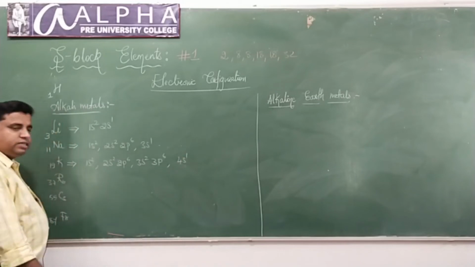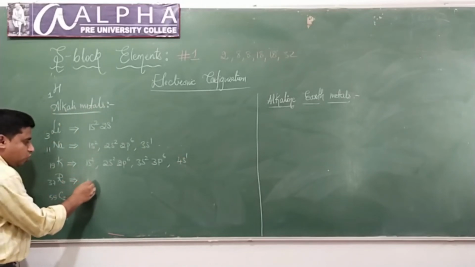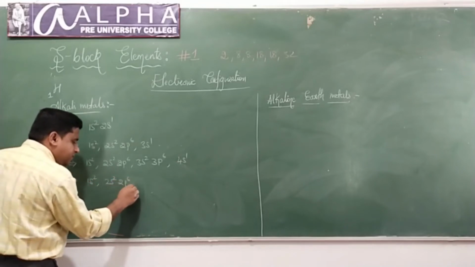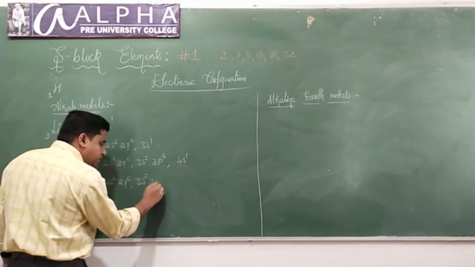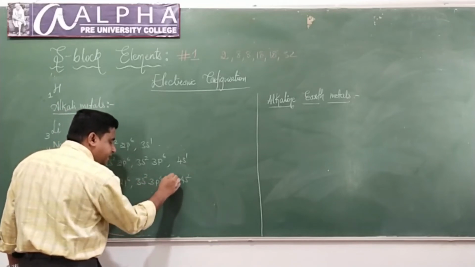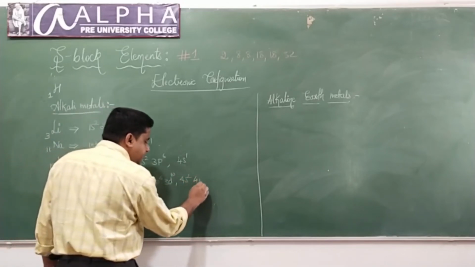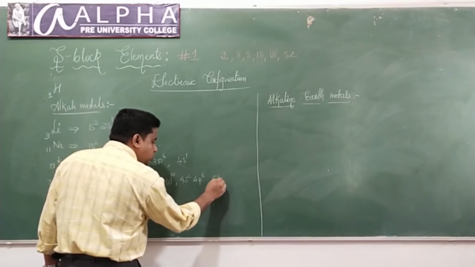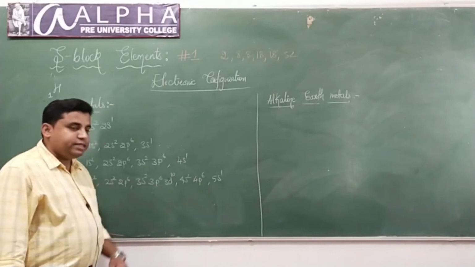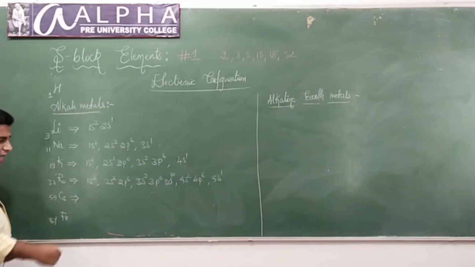Next rubidium: 1s2, 2s2, 2p6, 3s2, 3p6, 4s2, 3d10, 4p6 and then 5s1. Is it 37? 10, 20, 30, 37. Yes, that's correct.